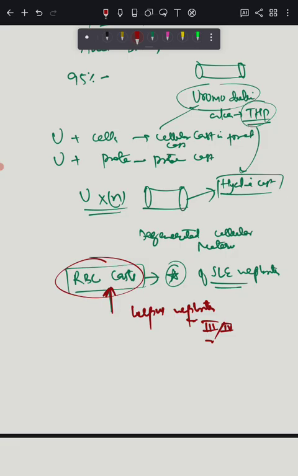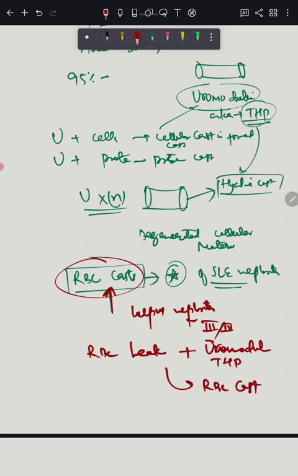Now, why does this cast form? There is immune complex deposition within the glomeruli that causes RBC leak, and eventually it mixes with uromodulin, aka Tamm-Horsfall protein, resulting in formation of RBC cast, and that appears in urine.